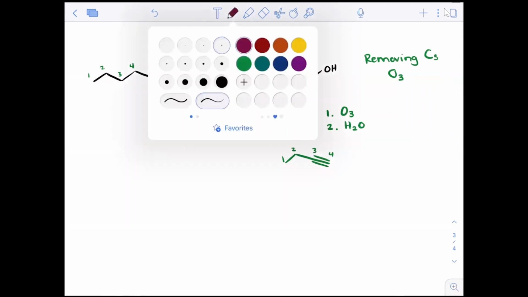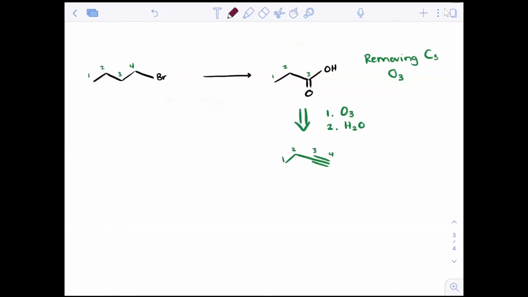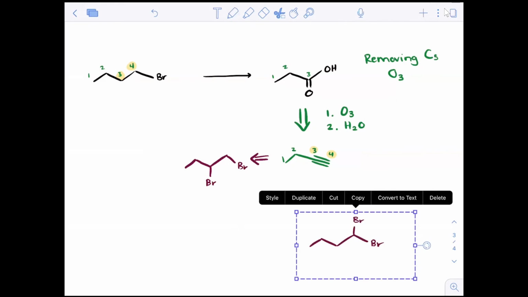So now we're a little bit closer. We have to be able to say, how do we change carbons 3 and 4 from an alkyl halide on carbon 4 to a triple bond? Well, I know how to make a triple bond. It's either with a vicinal dihalide or a geminal dihalide. The geminal dihalide is probably not the best option here.